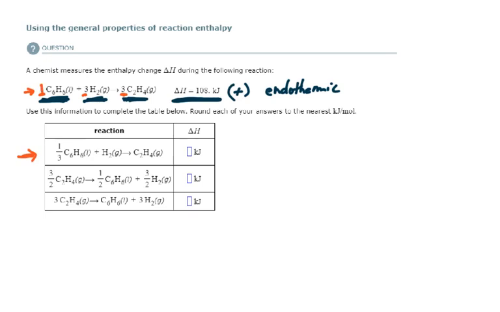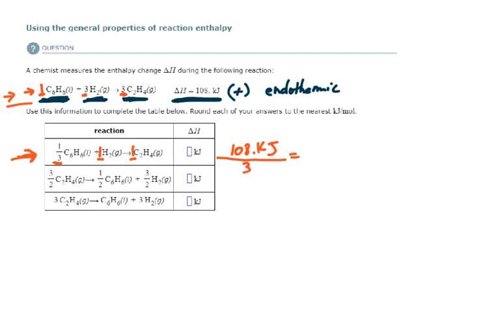So the original mole amounts were 1 mole, 3 moles, and 3 moles. Dividing by 3, I ended up with 1/3, 3 divided by 3 is 1, and 3 divided by 3 is 1. And so to find the enthalpy change for this reaction as written, I need to take the enthalpy change for the original reaction, which was 108 kilojoules per mole of that reaction, and divide it by 3.